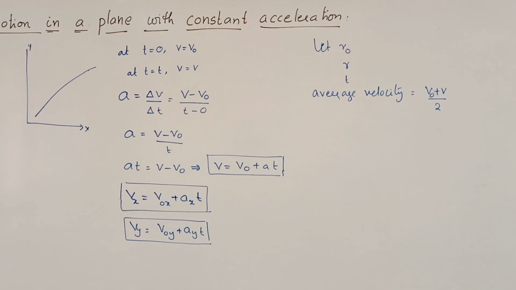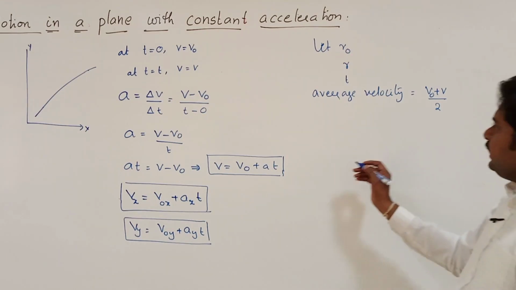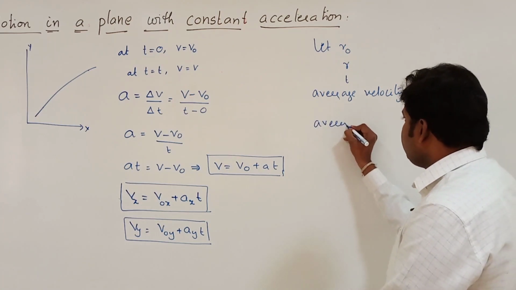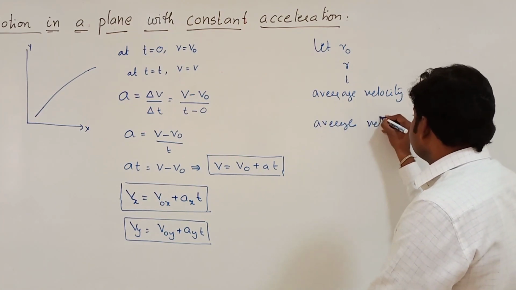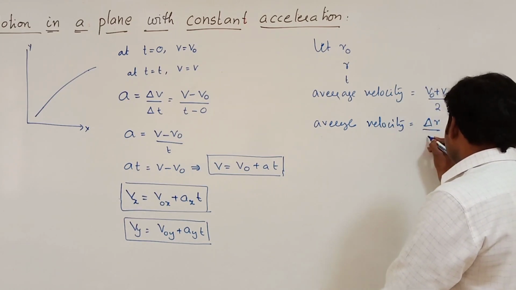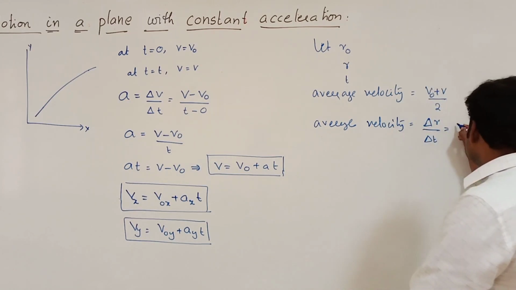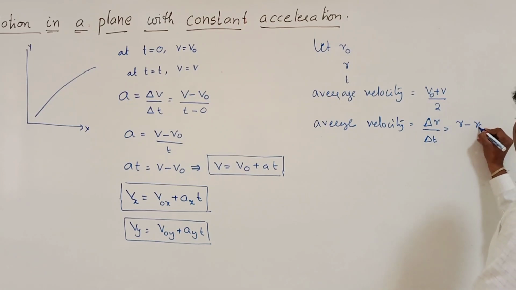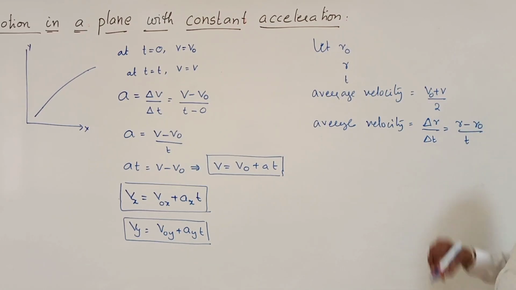And again the average velocity is equal to delta r by delta t, which means r minus r naught by t.